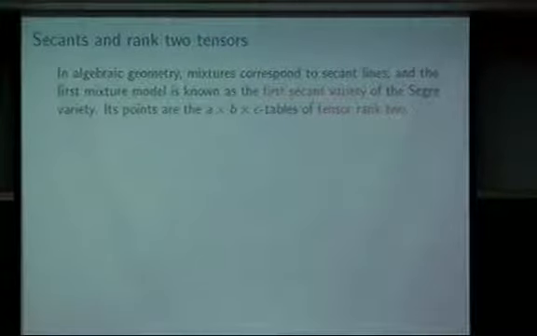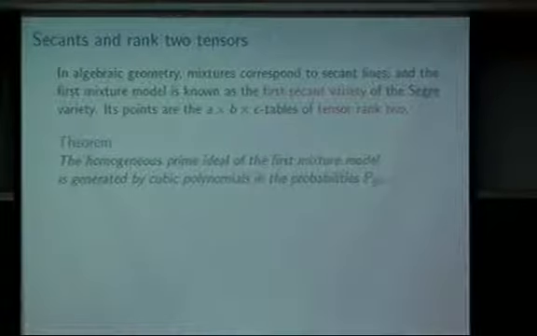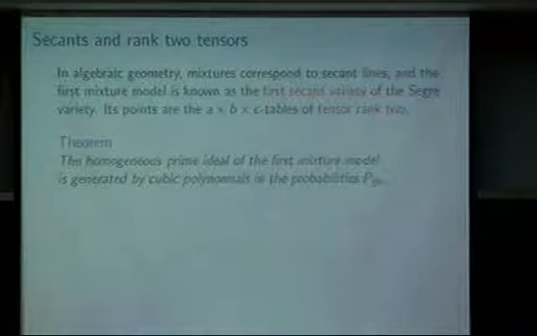Okay, so now it's a little less trivial to characterize the equations, but there is a theorem that the homogeneous prime ideal of the first mixture model, the equations that vanish on tables of rank 2, is now generated by cubic polynomials in the probabilities.